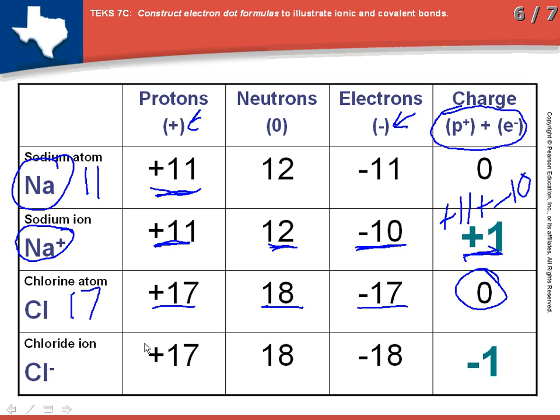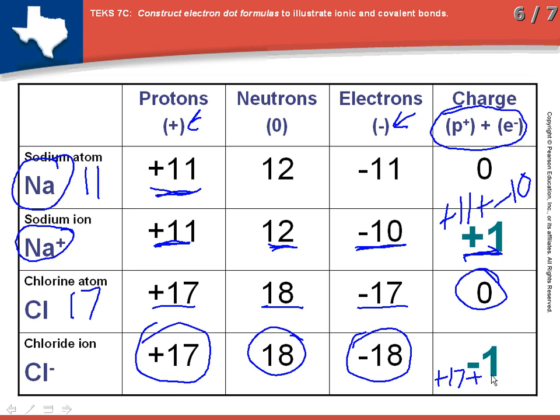So it gains 1 electron. So after it gains an electron, it still has that positive 17 from its protons. It still has 18 neutrons, but it gained 1 electron, so now it has a minus 18 charge for its electrons. So its charge would be a positive 17 plus a negative 18 gives us a negative 1 charge.